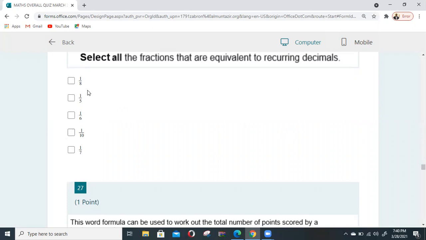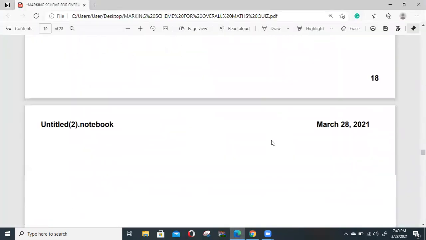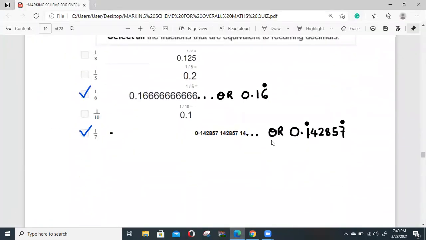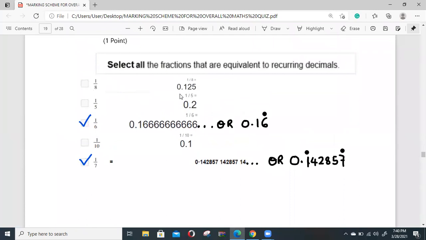I got 1/8 as a decimal, 0.125. So that is not recurring. 1/5 is 0.2. So that is not recurring. It's just a terminating decimal, because a terminating decimal means the decimal has an end point.